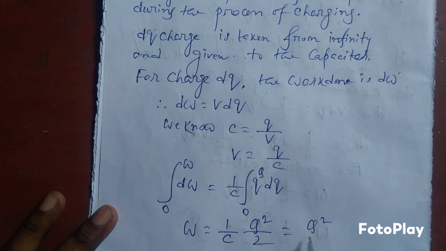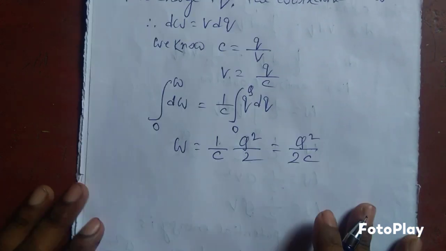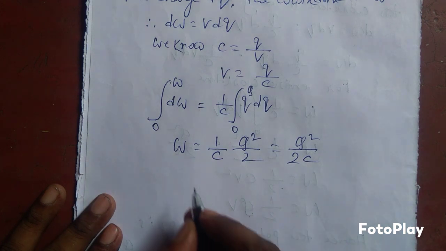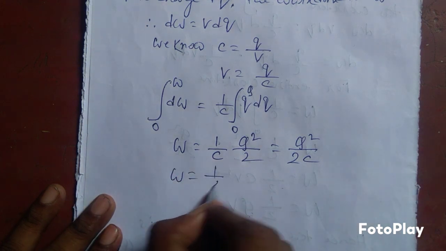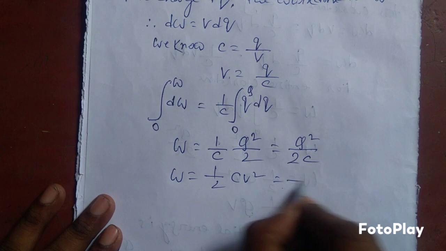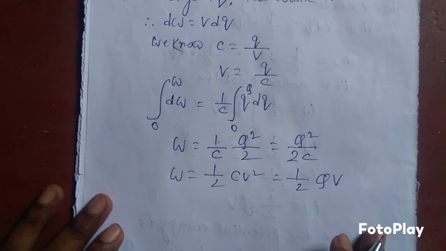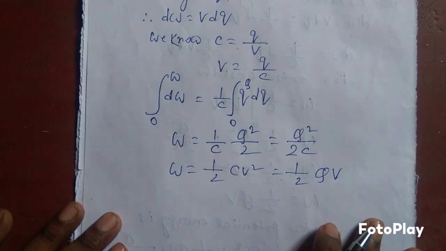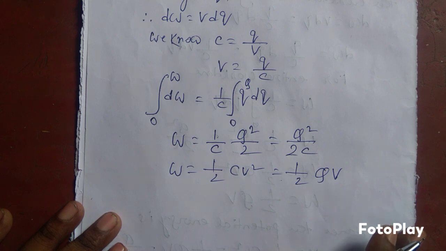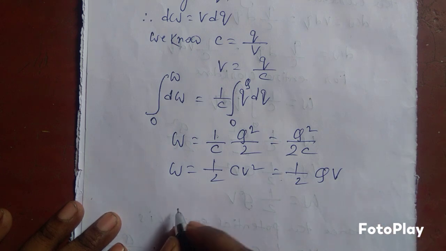That is Q square by 2C. So W equals half CV square, half QV. This is nothing but the equation of potential energy.